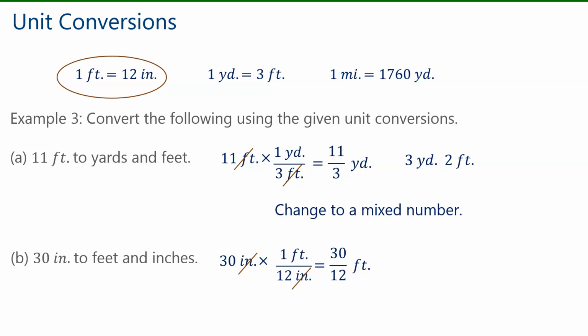So let's change it to a mixed number. 12 goes into 30 2 times, which means I have 2 feet. Now, 2 times 12 is 24. You start with 30, that would mean you would have 6 inches left over, because 30 minus 24 is 6.